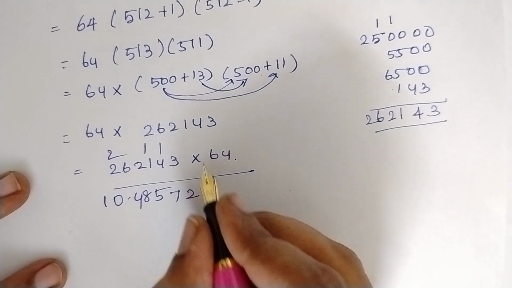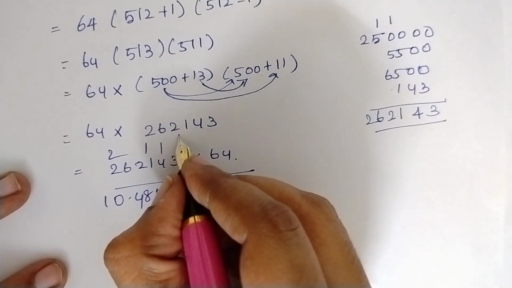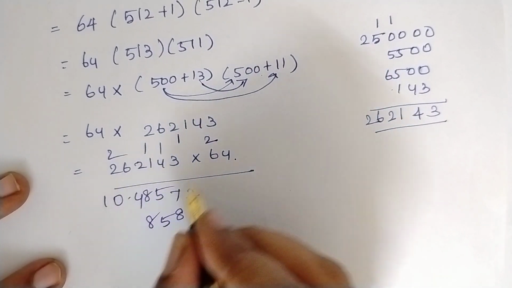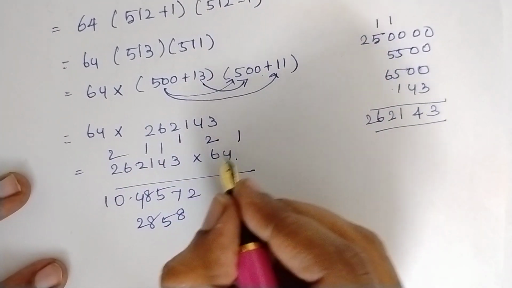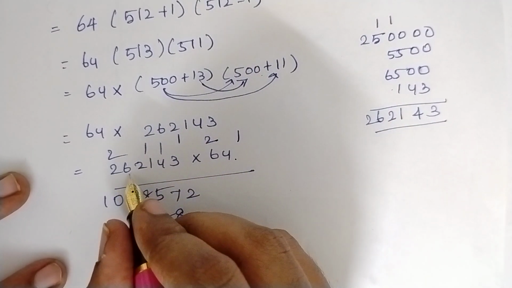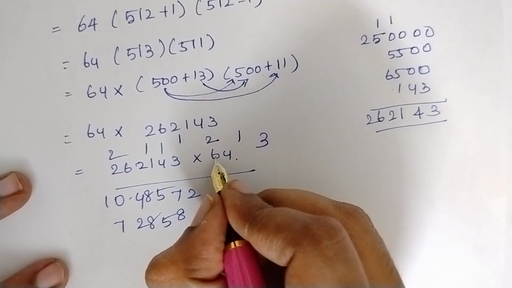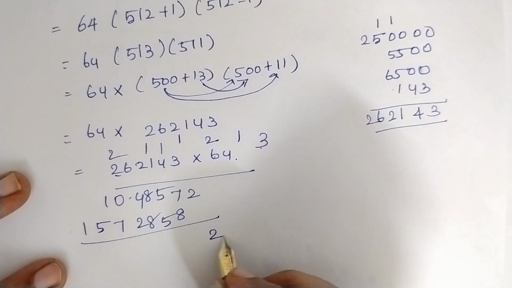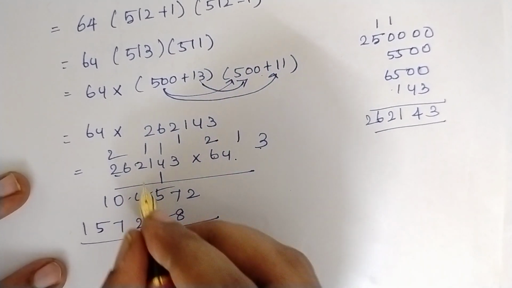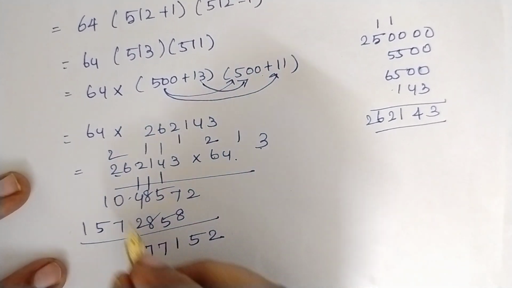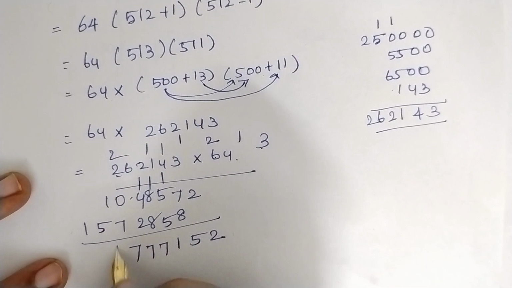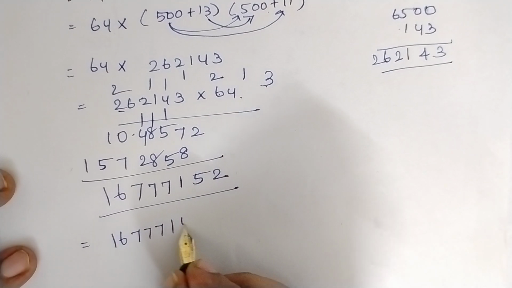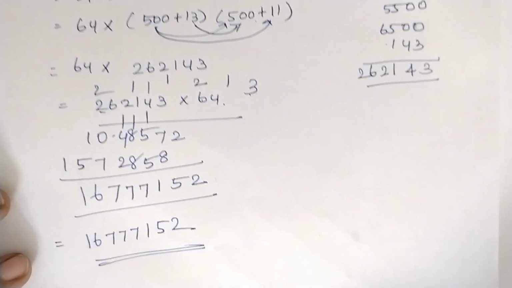Then 6 8s are 48, 6 3s are 18, balance 1, 6 4s are 24 plus 1, 25, balance 2, 6 plus 2, 8. 6 2s are 12, balance 1. 6 6s are 36 plus 1, 37. 6 2s are 12 plus 3, 15. Okay. So 2, 5, balance 1, 1, balance 1, 7, balance 1, 7. Again 7, 6, 1. Therefore, the answer for this question is 16777215. So this is the final answer.